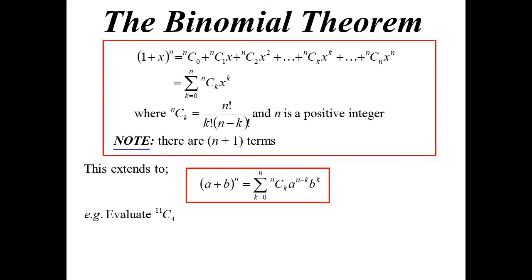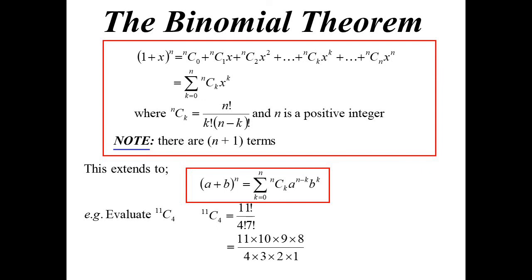So if we had to work out 11C4, and yes, we have a nice button on our calculator that can work it out for us, but if we had to do it from our definition, it's 11 factorial on 4 factorial, 7 factorial. Remember, we could roll out the 11 factorial, and we'd end up with 11 times 10 times 9 times 8, but then we'd have times 7 factorial. So it would cancel with the 7 factorial on the bottom.